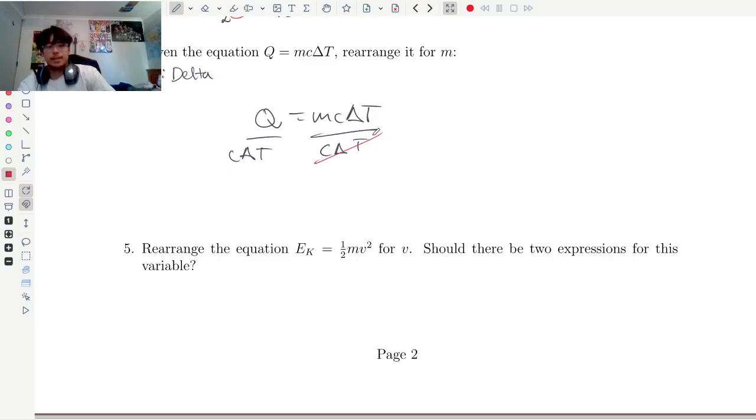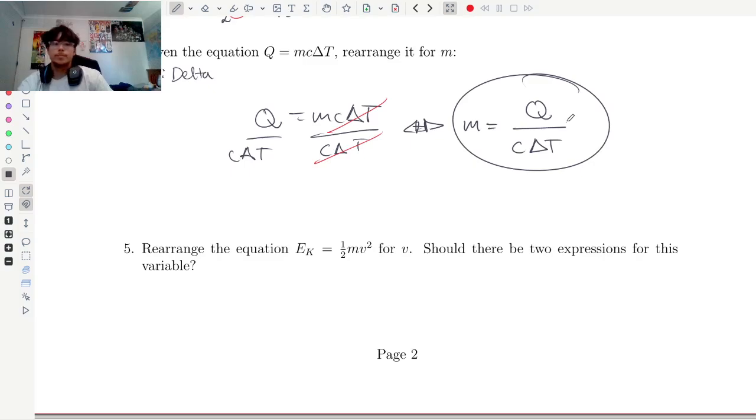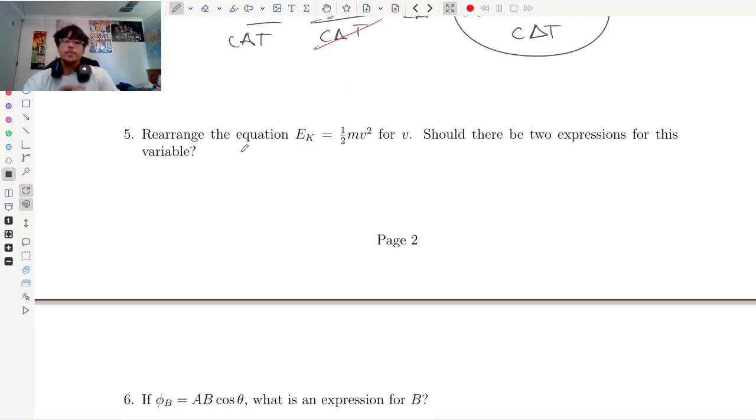And I notice that this will cancel all of that. Therefore, m is equal to q on c delta t.